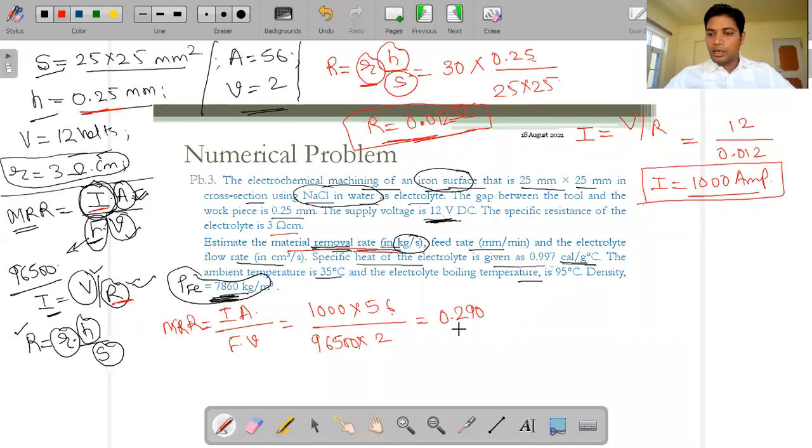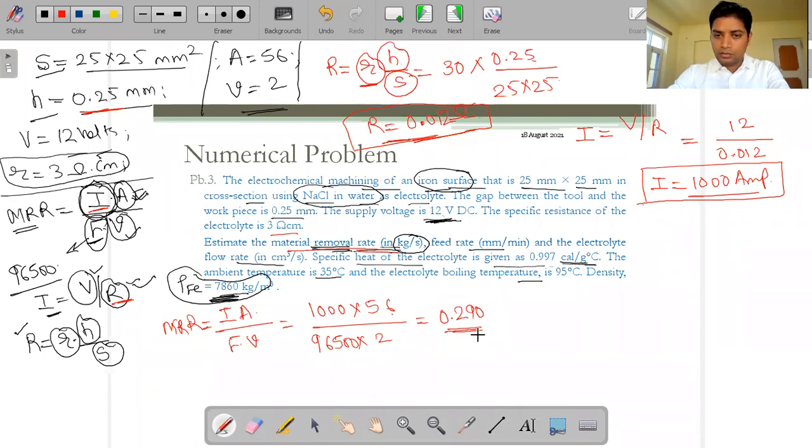Now, Aman, what is the unit? Unit is the important criteria. Let me check the units. Amir Manzoor, what is the value that you are getting?